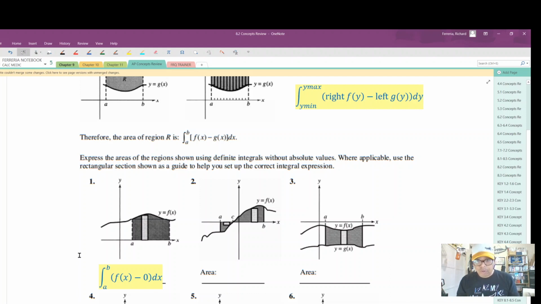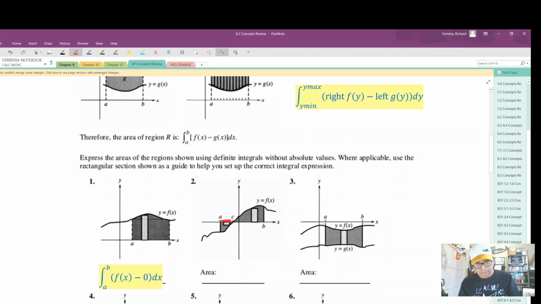For question 2, something interesting happens. We have vertical rectangles again. That's going to indicate a delta x. But now if you notice, the top function is going to change right here at x equals c. On the left of that, the top function is y equals 0. Y equals 0 is this function right here.